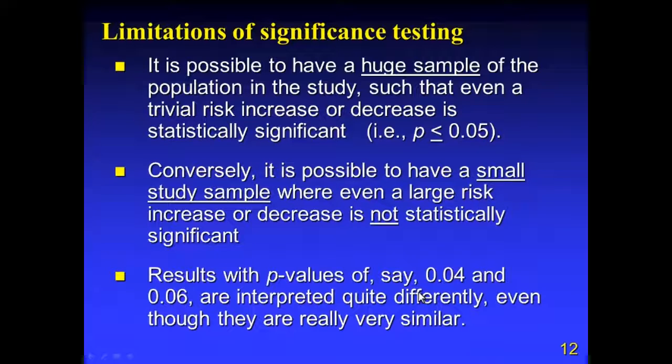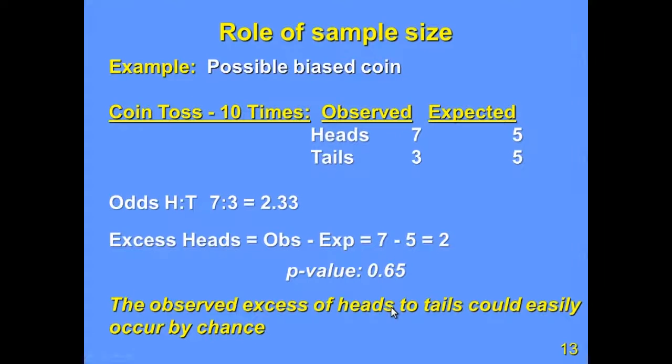But really, a bit of random variation could easily switch the p-value from 0.04 to 0.06. It's easily done with just a few more people, or a few fewer people, getting the disease, and then the p-value can change from one side of the 0.05 cut point to another. So really, it's very arbitrary. It's not very useful. And let me just illustrate the problems of sample size.